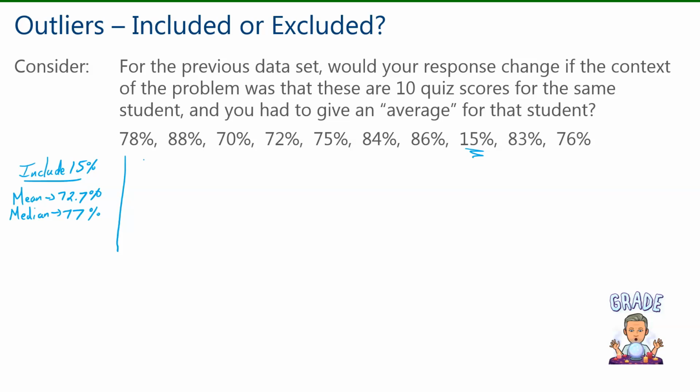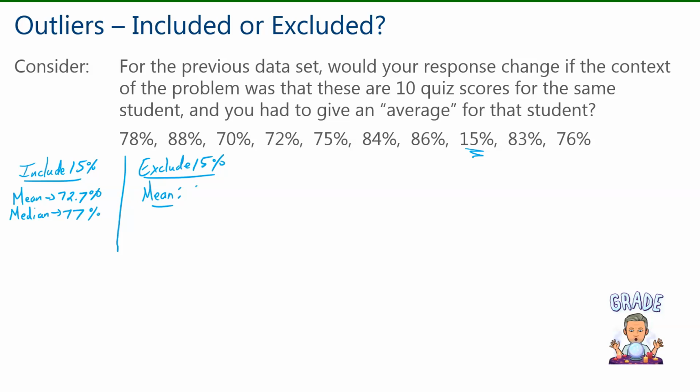How about if we exclude the outlier? So let's say we're going to say to the student, let's not worry about that particular quiz score. We're not going to include it in your overall average. What would happen to our measures of central tendency then?